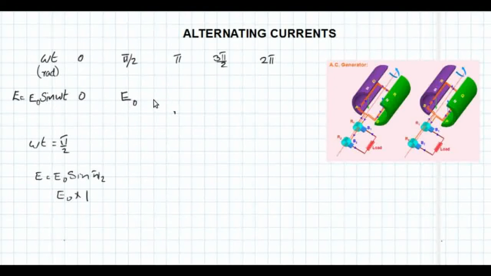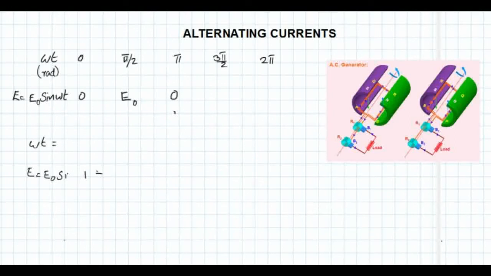So you can see the change here itself. When omega t equal to 0, the value of E is 0. But when it makes a small rotation through 90 degree or pi by 2 radian, the value of E becomes E0. Next, when omega t is equal to pi, E is equal to E0 into sin pi, and sin pi is equal to 0.